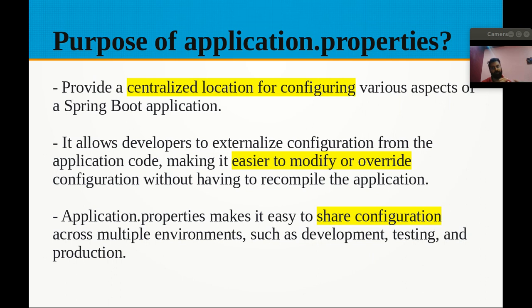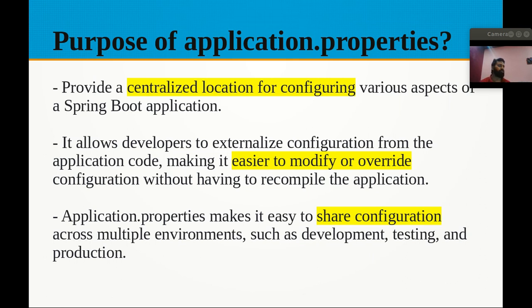Let's say in a project we can have different environments like development, testing, stage, and production. For all these environments you require the properties, so there must be some centralized place where you can define these properties, and then use them in all of the environments. To define these properties in a centralized place, the application.properties file is used.